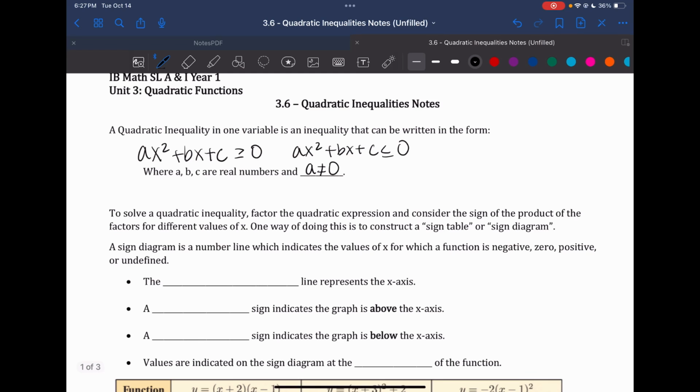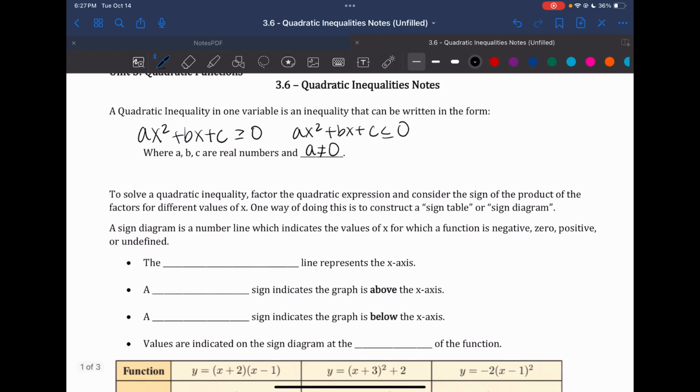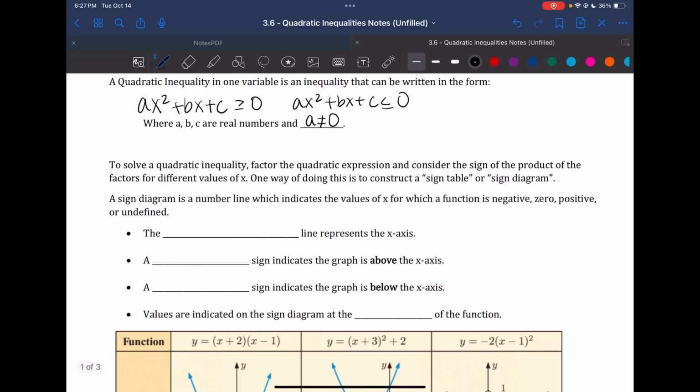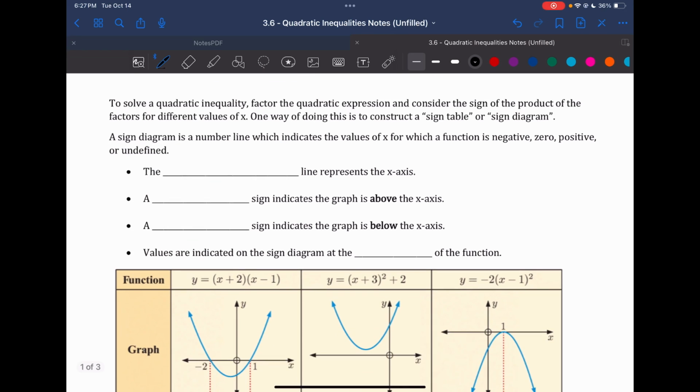To solve a quadratic inequality, factor the quadratic expression and consider the sign of the product of the factors for different values of x. One way of doing this is to construct what's known as a sign table or a sign diagram. A sign diagram is a number line which indicates the values for x, which a function is negative, 0, or positive, or undefined.